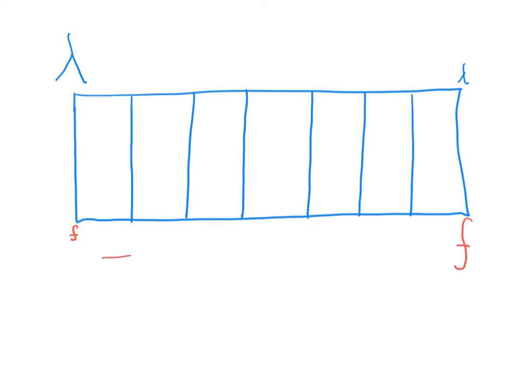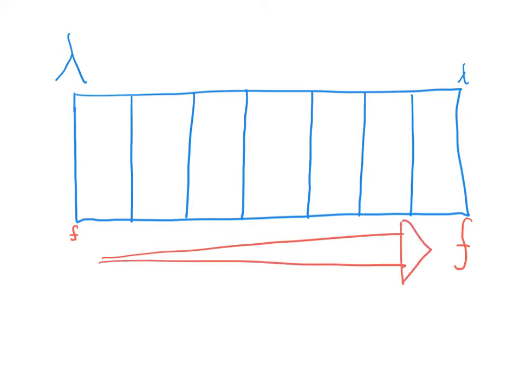So at the bottom of this particular diagram, your frequency would be increasing, and at the top of the diagram, your wavelength would be decreasing.